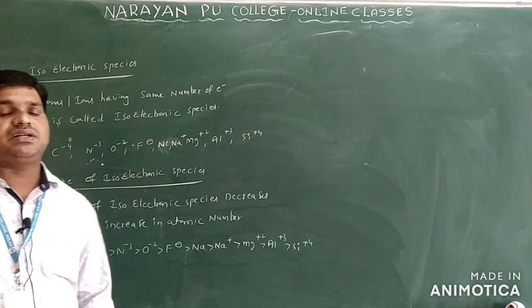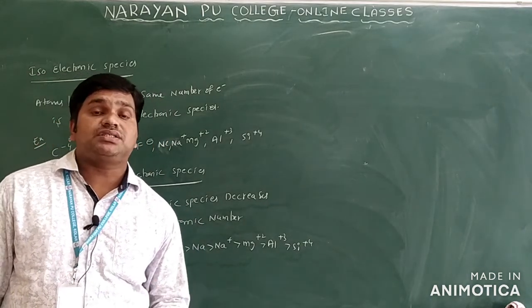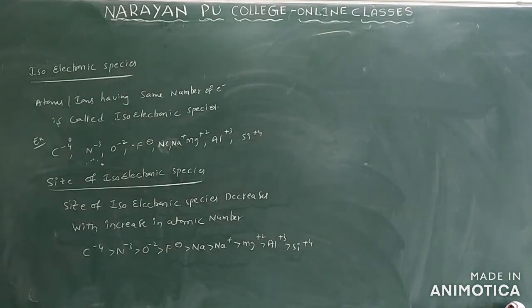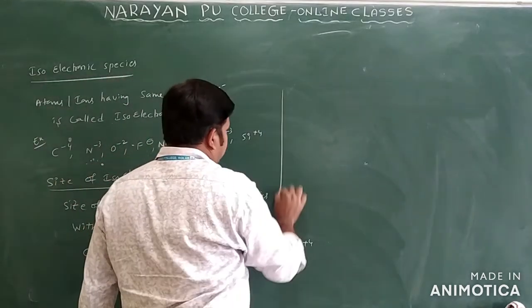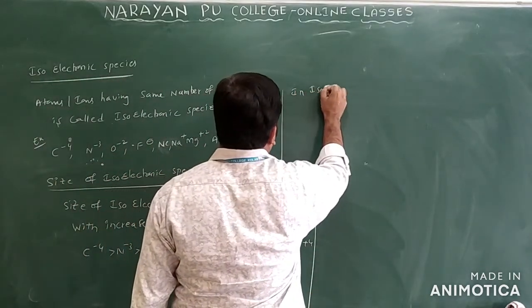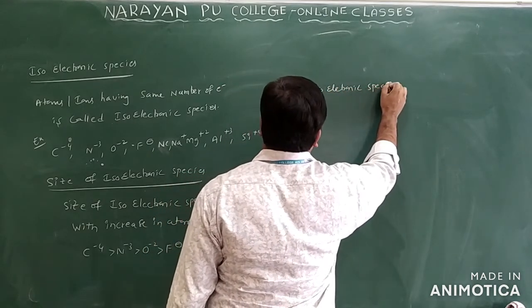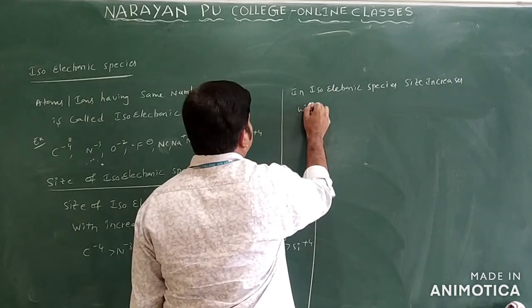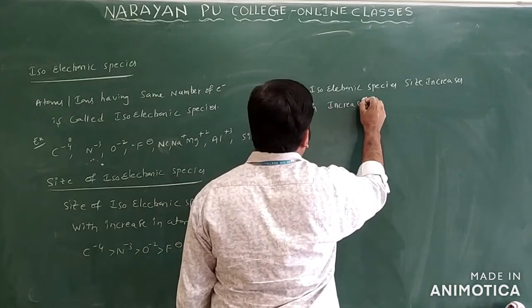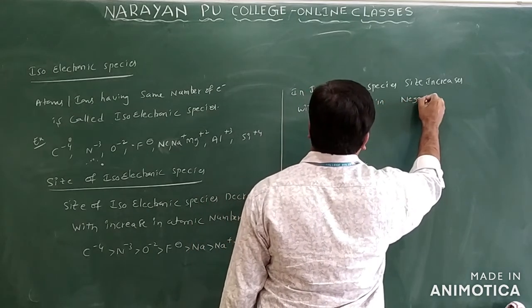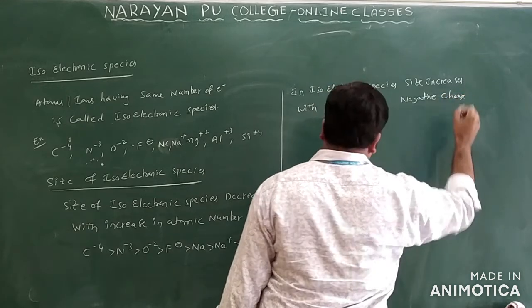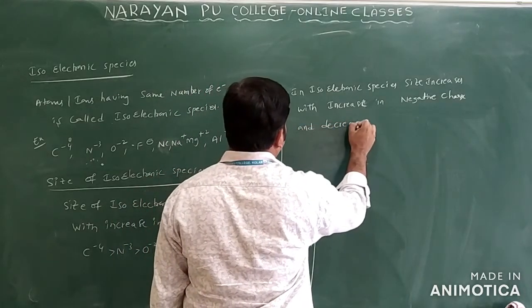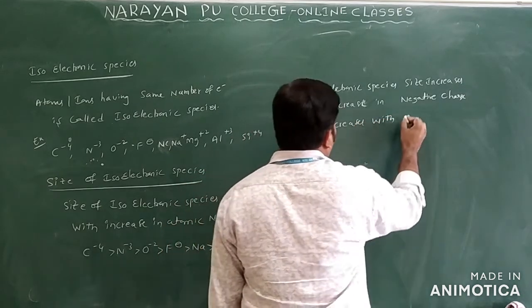Otherwise, in isoelectronic species, size increases with increase in negative charge and it decreases with increase in positive charge only.